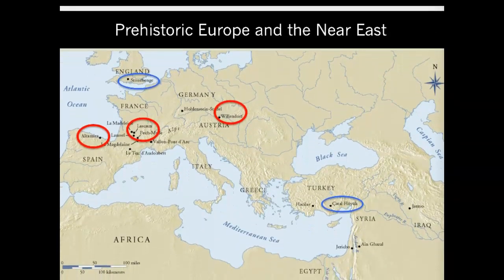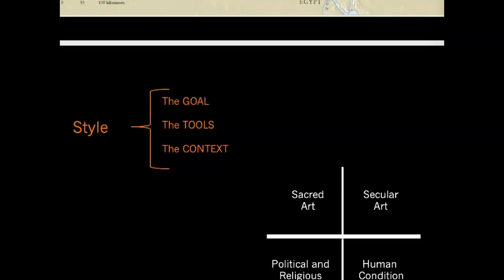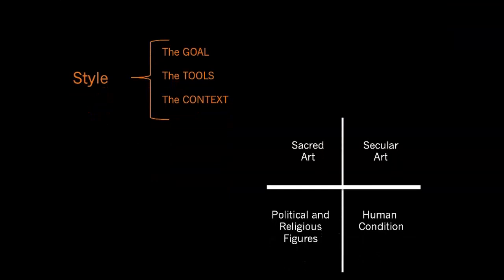Now, as I said, we'll be going into several sites, and we need to keep in mind things like goals, tools, context, and understand that artworks can be sacred or secular, political or religious figures can be portrayed, but a larger connection to the human condition is always important when understanding and interpreting or assuming interpretations for these artworks.